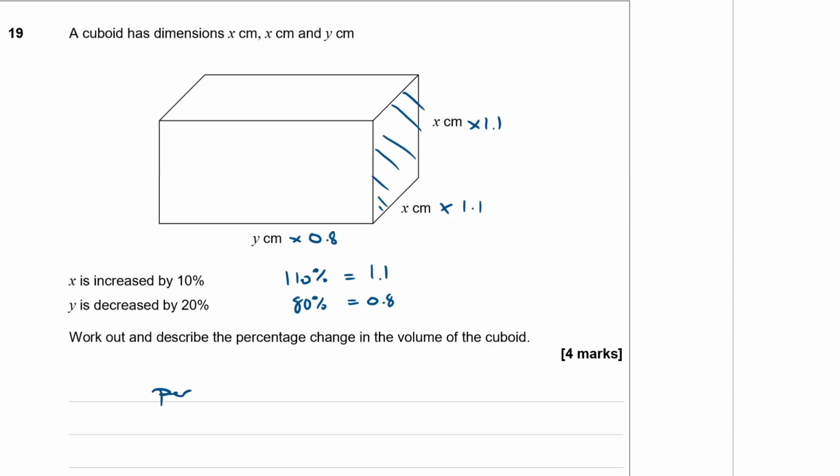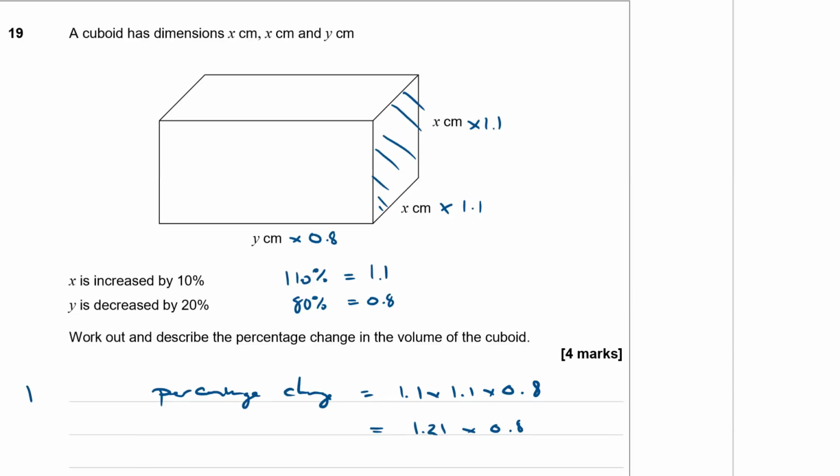So for the percentage change, the change is 1.1 times 1.1 times 0.8. 1.1 times 1.1 I know is 1.21 because I know my squares. And I need to times that by 0.8.